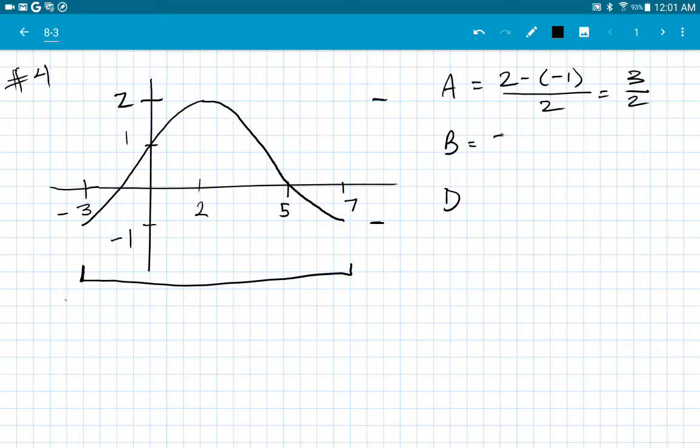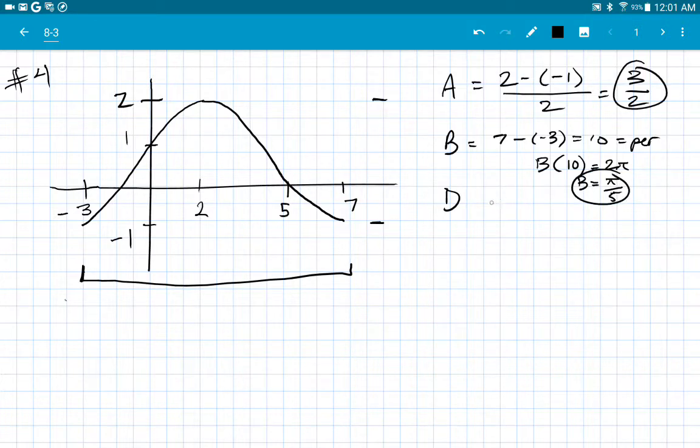So we have 7 minus -3, we see that's a distance of 10. So because that period is 10, we know that b times our period, 10, is equal to 2 pi. So therefore b must equal 2 pi over 10, or pi over 5.